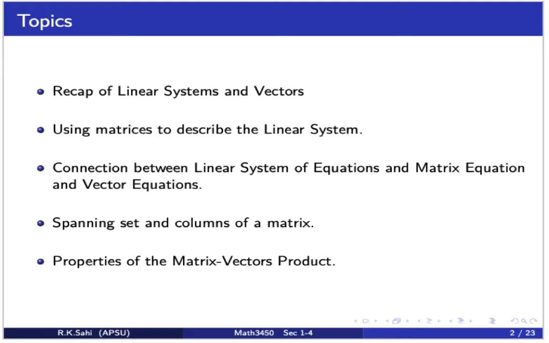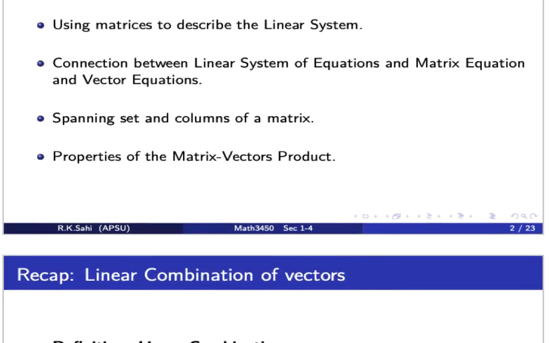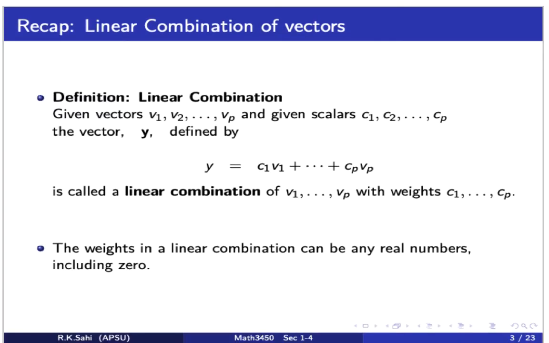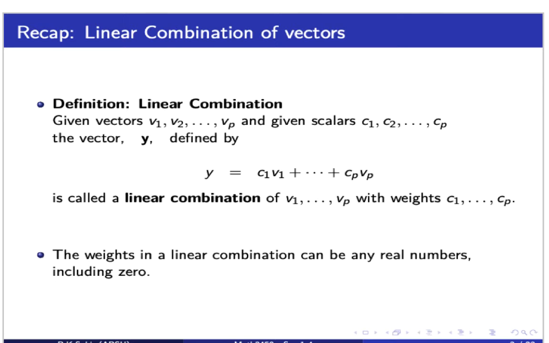Let's start with the recap. The first thing is looking at linear combinations of vectors. Suppose we are given vectors v1, v2, ..., vp and some scalars, say c1, c2, ..., cp. Then the vector defined by the linear combination of these vectors simply means that you are multiplying one scalar with one vector.